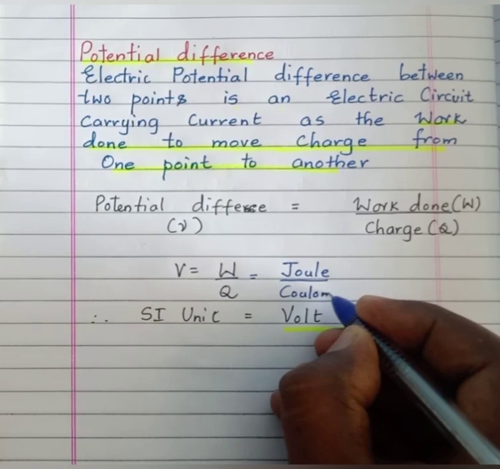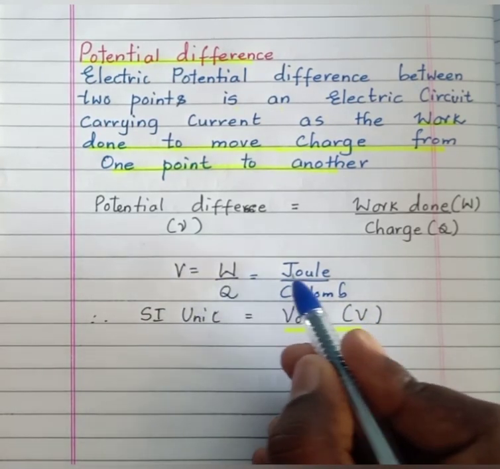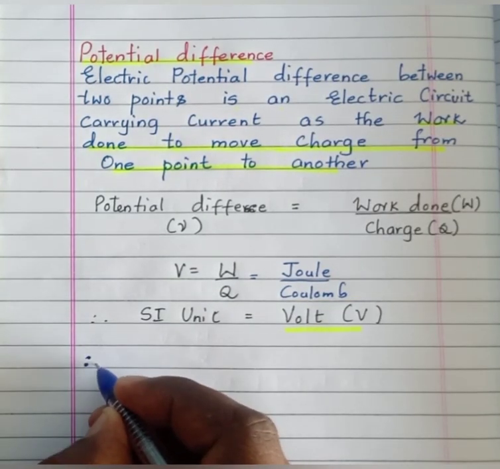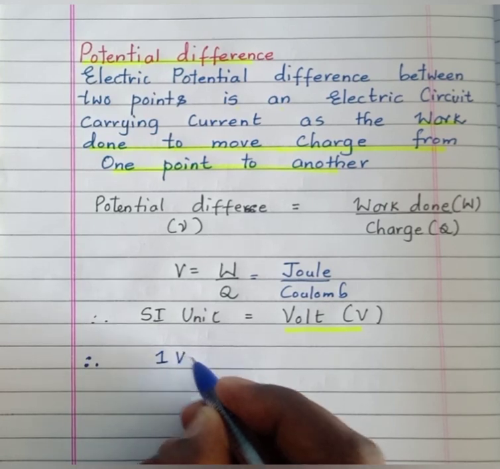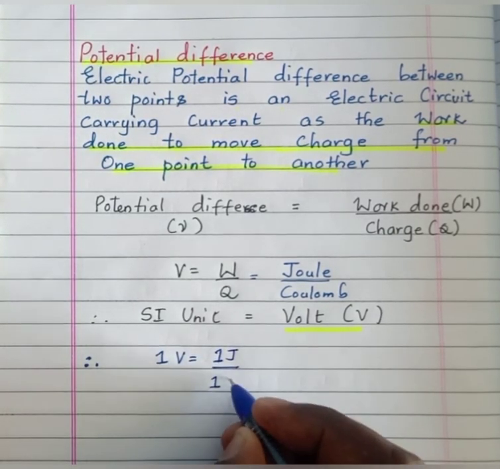V equals W by Q. SI unit of W, work done, is joule, SI unit of Q is coulomb. Therefore, 1 volt is what? 1 volt equals 1 joule divided by 1 coulomb.